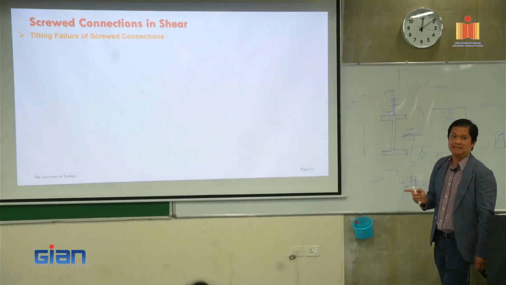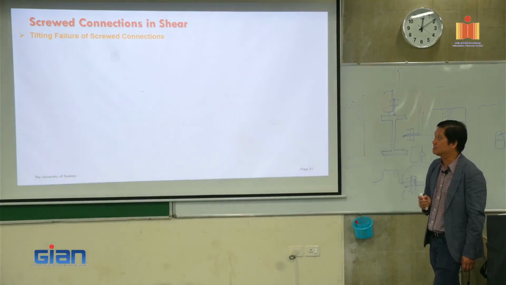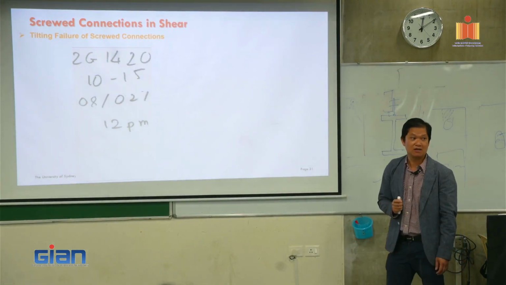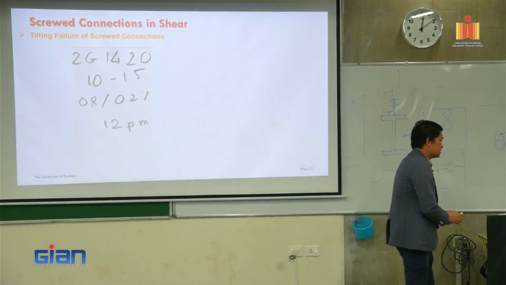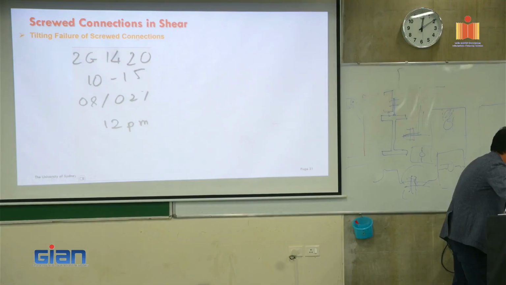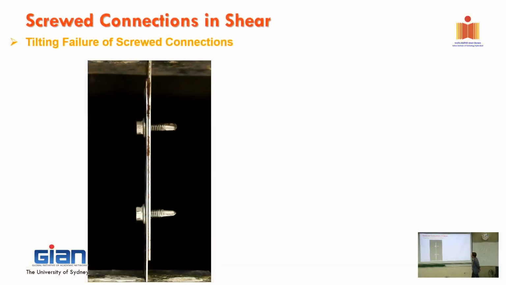But this is interesting. This is something new that you can't find in bolted connections. That's the tilting failure. Anyone heard about tilting? Okay. So in cold formed steel, if you put two thin sections together with a screw where they have very similar thickness, you can see what's going on.